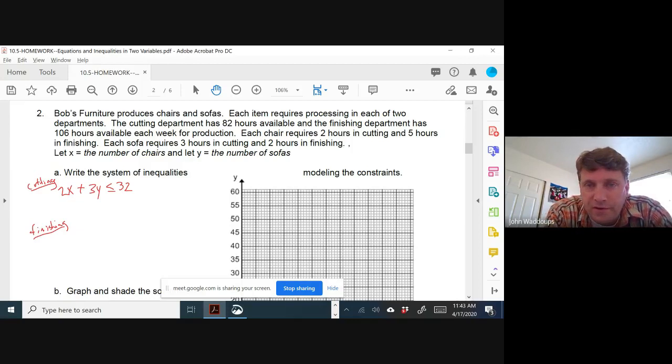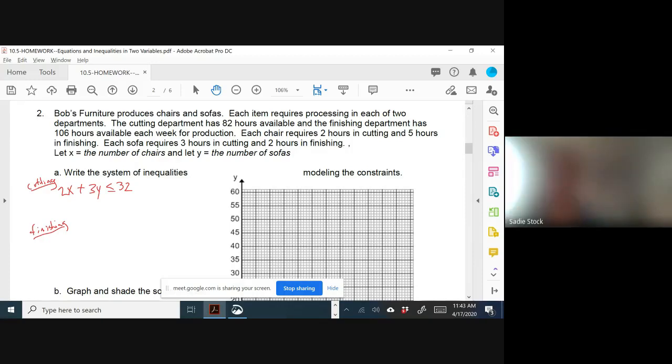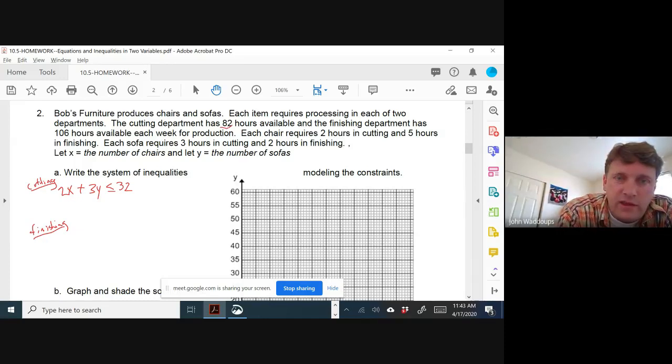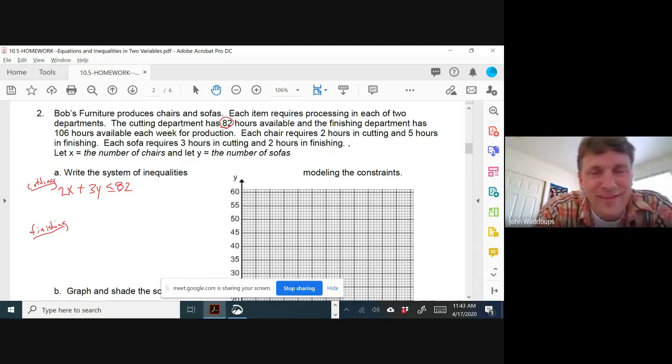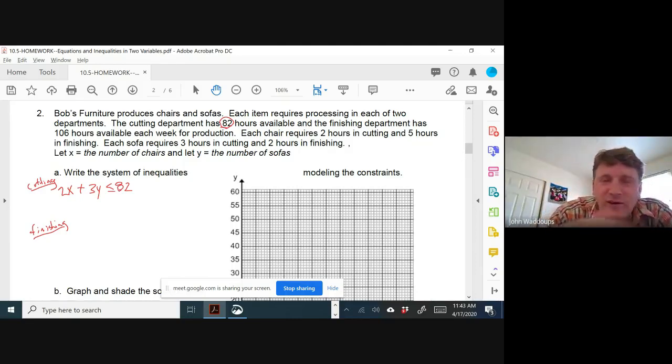So on the finishing, they have 106 hours available for each week in terms of production. Mr. Wada, where did the 32 come from? It came from right here, and so it should be 82. Thank you. So 82 hours, this is the cutting.